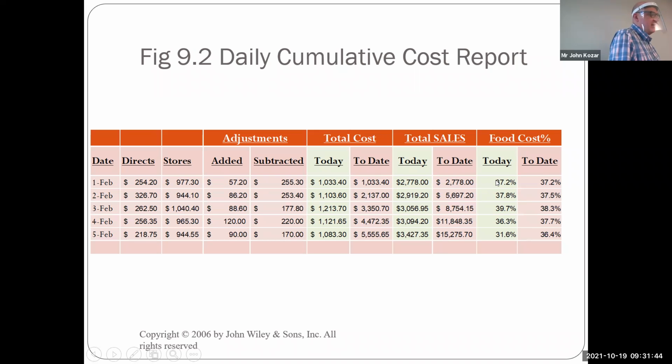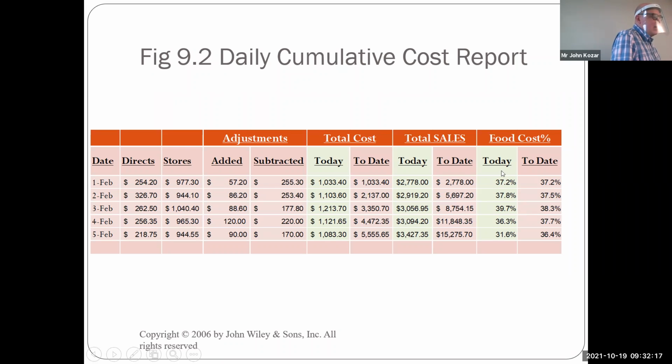So for today, you take the food cost for today divided by the sales for today, and that's our food cost percent. On Tuesday, look at that. Today gives us 37%. But for the to date, look at the 2137 total and the 5697 total, and that's going to give us this food cost percent.